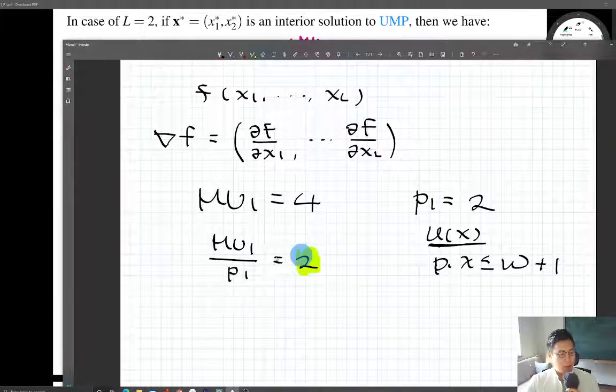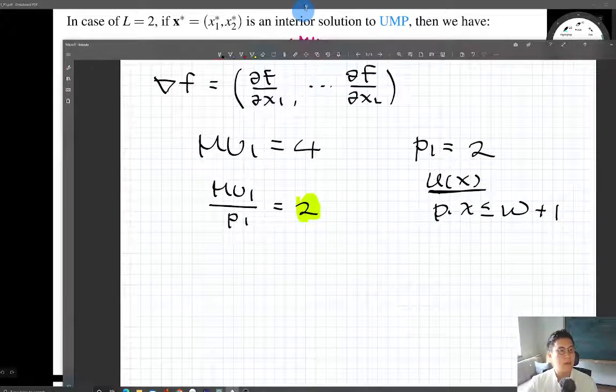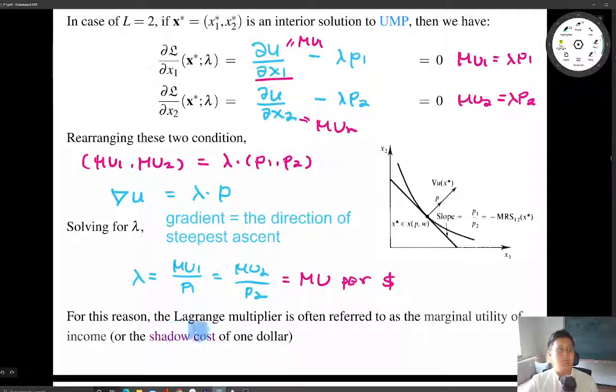So if lambda is equal to 2, then if he has an additional $1, he can increase his utility by 2 units. It can be thought of as the shadow value of $1. That's a standard way to interpret the Lagrange multiplier in optimization problems.